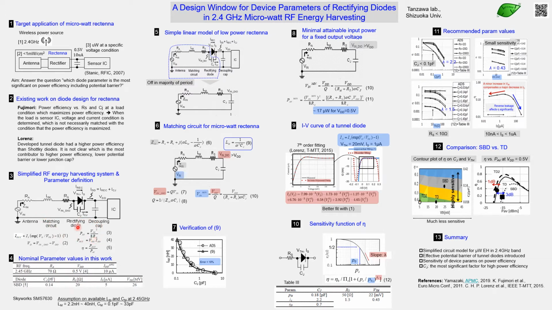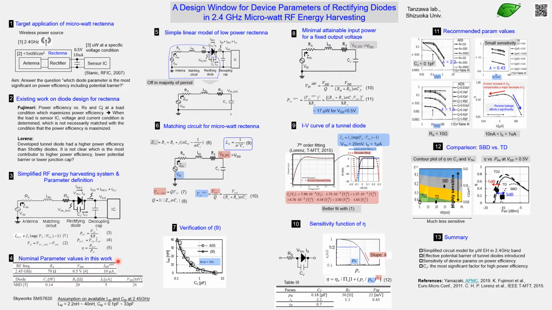Under such condition, the available power is given by this equation. Because output power is given by DC voltage and DC component of current, P out is expressed by equation 4. And in this work, power efficiency eta is defined by equation 5: P out divided by P AV, the average available power.